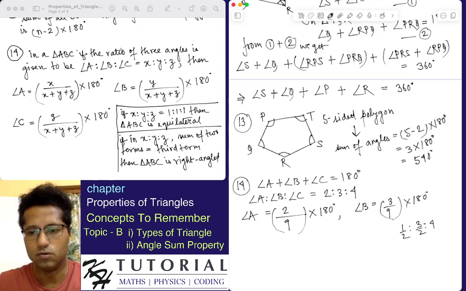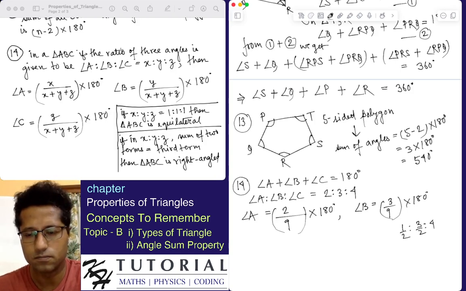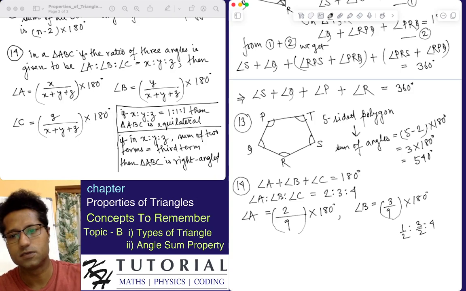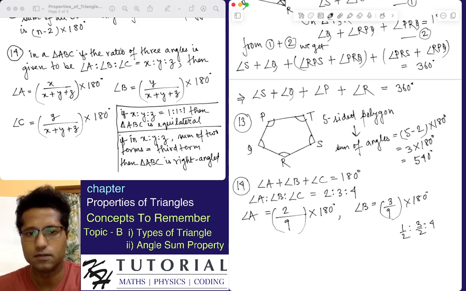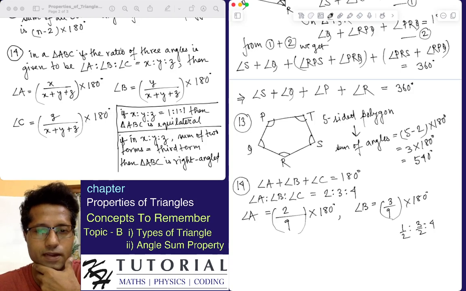You first need to convert the given ratio to a form where all the terms are integers. Then, if you see that all the terms are 1, it obviously means that the triangle is an equilateral triangle.